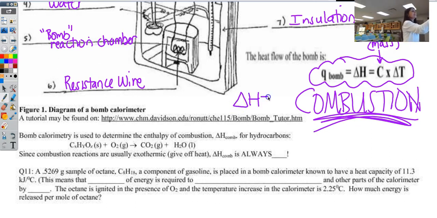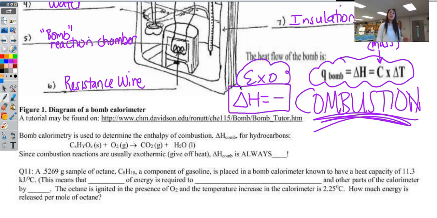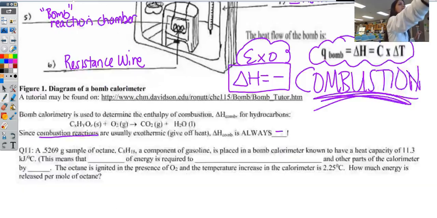These tend to be negative delta H values because they are exothermic. So if you have an exothermic reaction where you're burning something, you're probably going to want to use a bomb calorimeter instead of a simple calorimeter. Since combustion reactions are usually exothermic, we know that the delta H is going to have a negative sign. Okay, so let's try two questions.